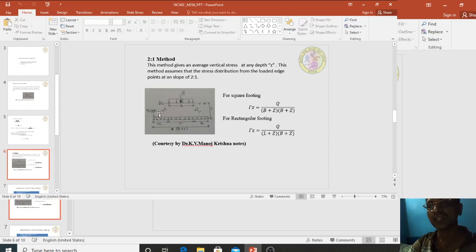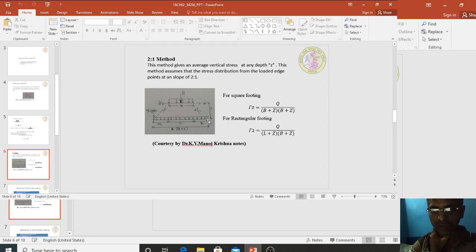When we say 1 horizontal to 2 vertical ratio, stress is distributing for a depth of z. If I equate the vertical length to z, the corresponding width will be z by 2, because half of the vertical length will be your horizontal length.